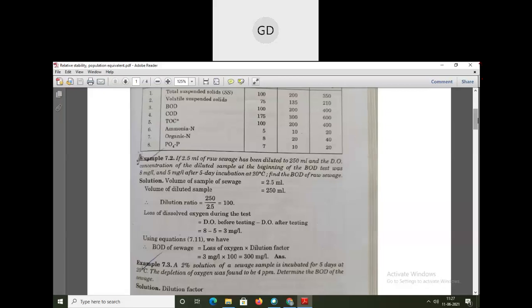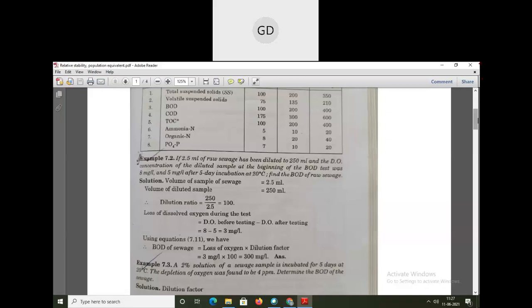Okay. So now you can write down the given part, that is, the volume of the sample of sewage. At first it was 2.5 milliliter. Then the volume of the diluted sample is 250 milliliter, given in the question itself. Then you can find out the dilution ratio. We have learned about the dilution factor just now.